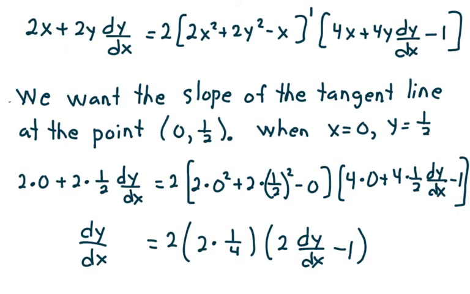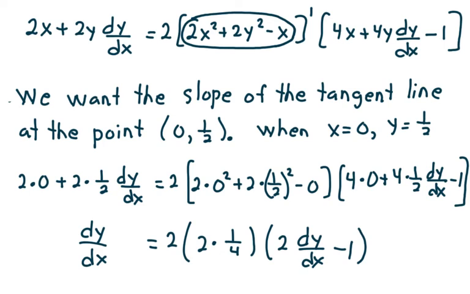And so 2x plus 2y dy/dx is equal to 2 times (2x squared plus 2y squared minus x) to the first, times the derivative of this inside function that I'm circling, with respect to x. The derivative of that inside function is 4x plus 4y dy/dx minus 1.